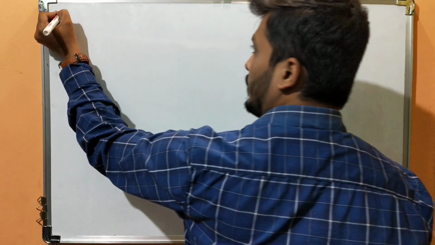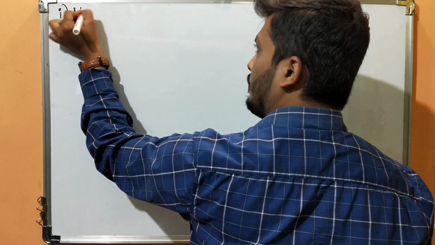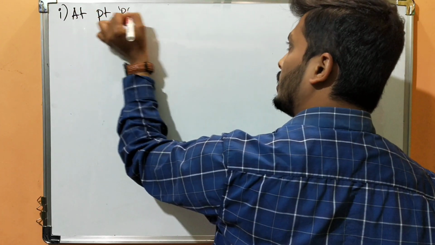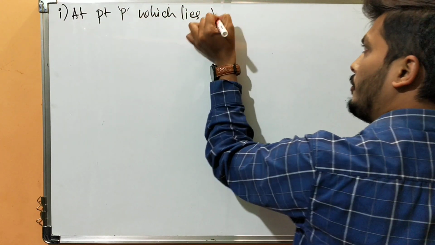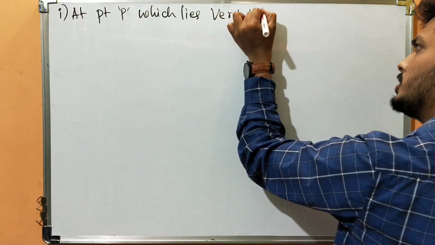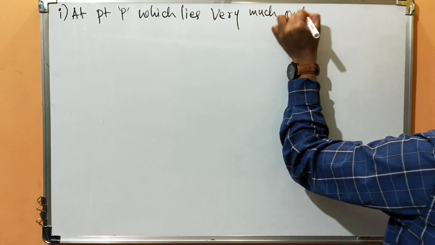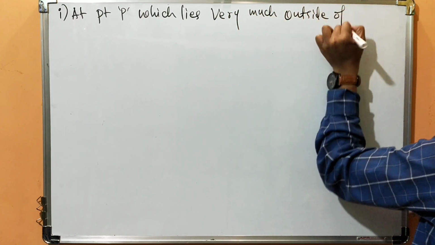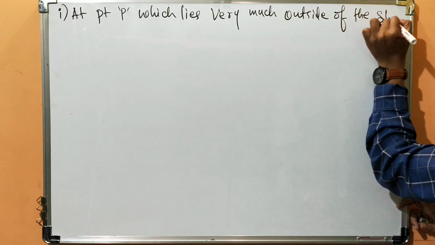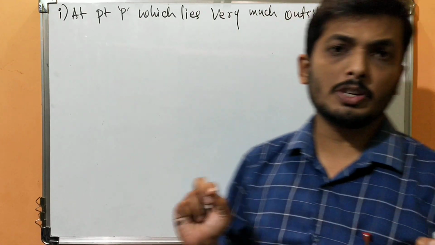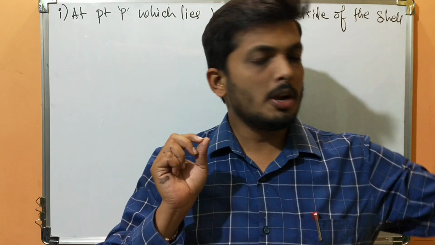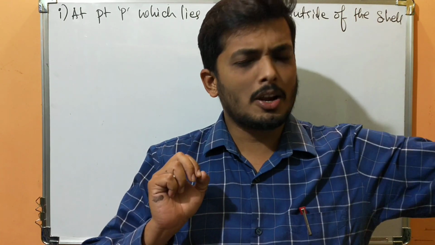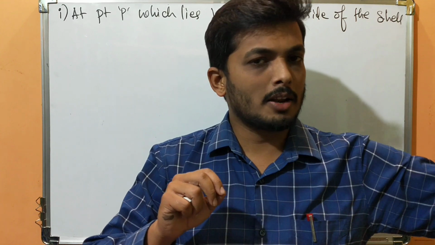Case number 1: at point P, which lies very much outside of the shell. The charged conductor is here and the point P is somewhere very far away, and we are finding the electric field at P.